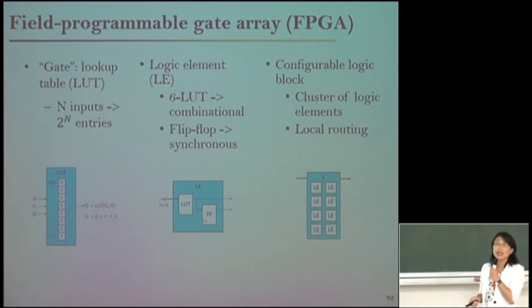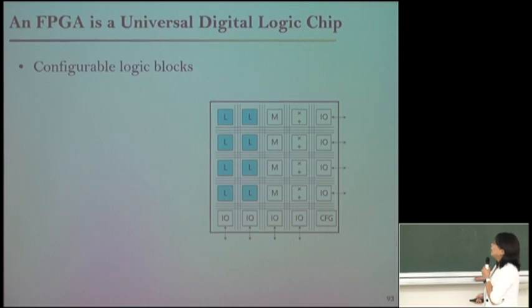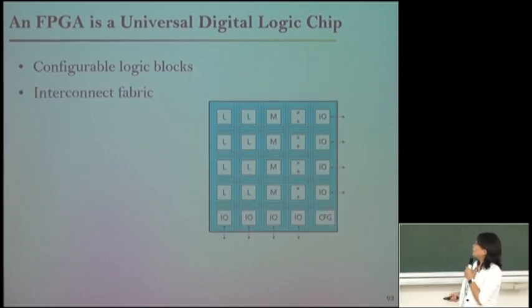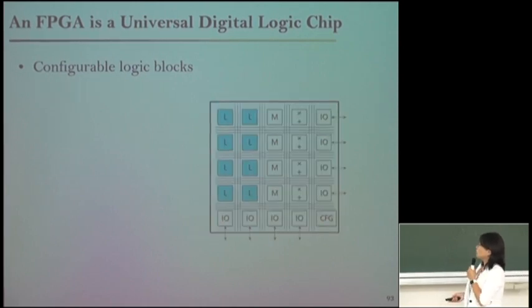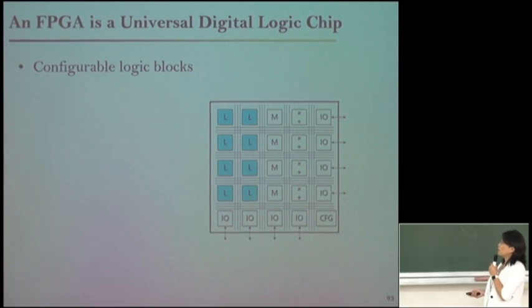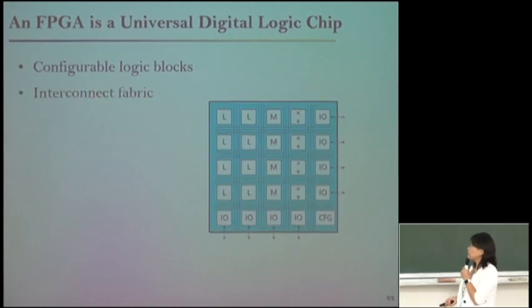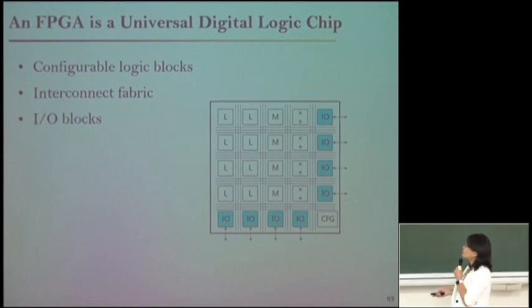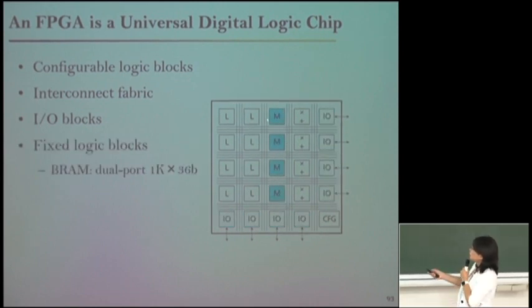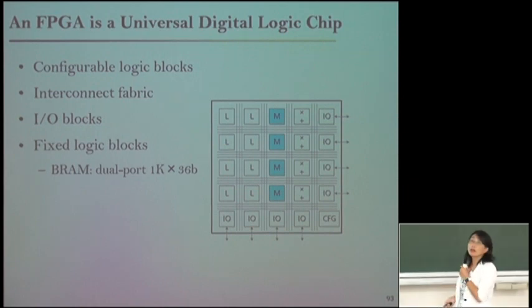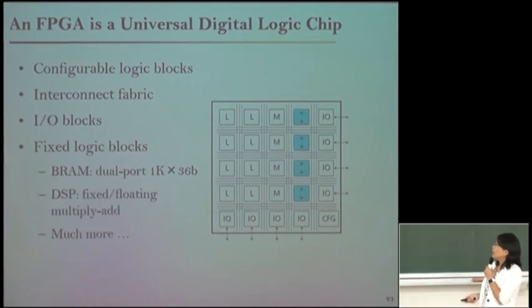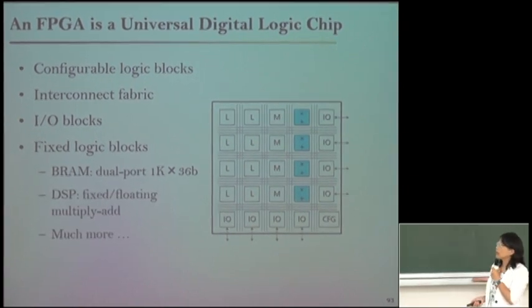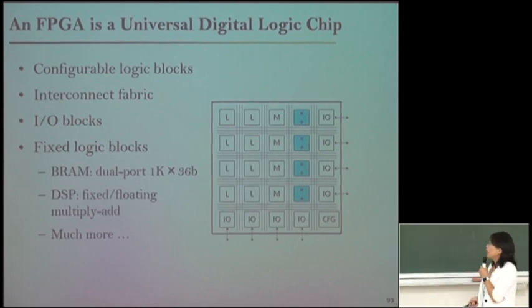Local routing will be handled over here, right? At even higher-level architectures, we have configurable logic blocks, interconnect fabric routing, connections, I/O blocks, and fixed logic blocks like BRAM for local data storage, DSPs for fixed and floating point multiply and add, and so on and so forth.